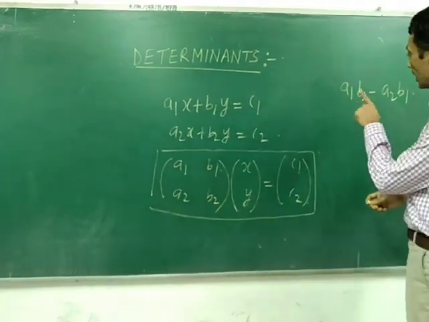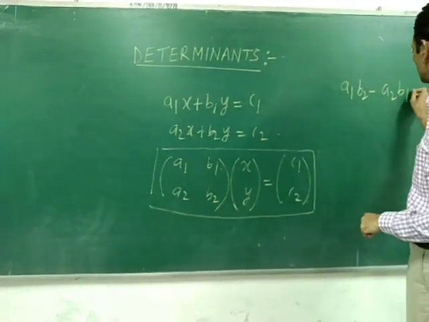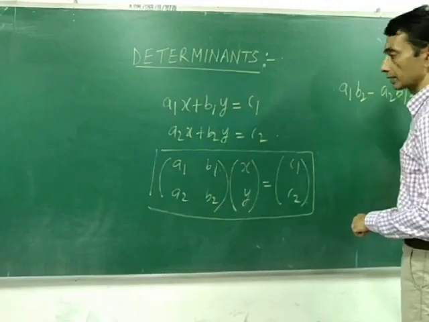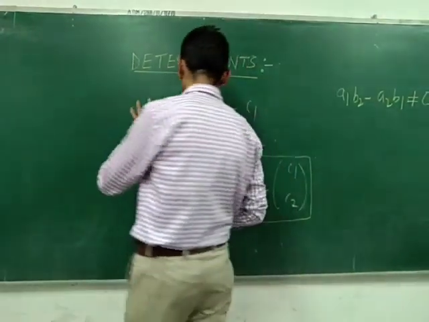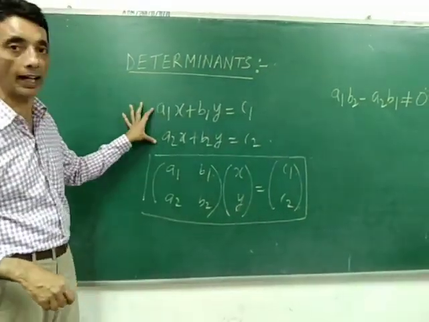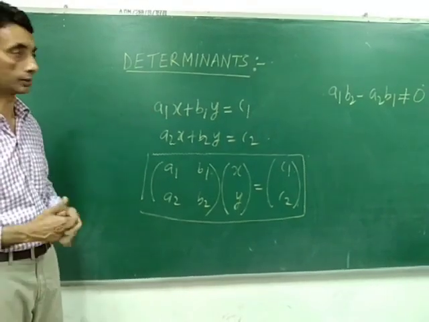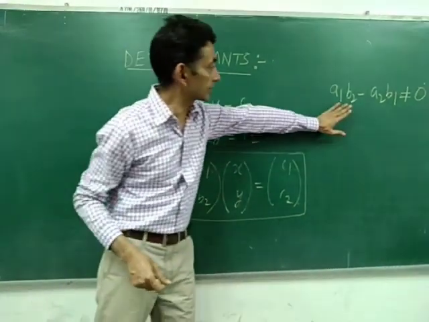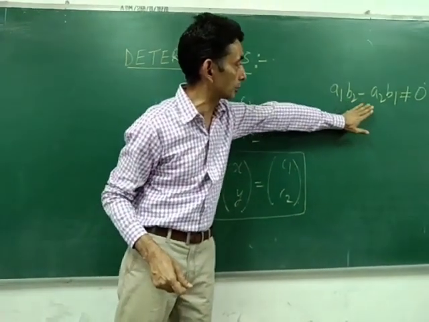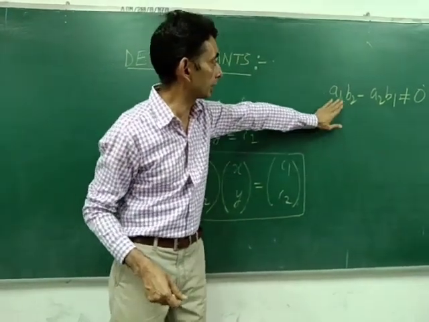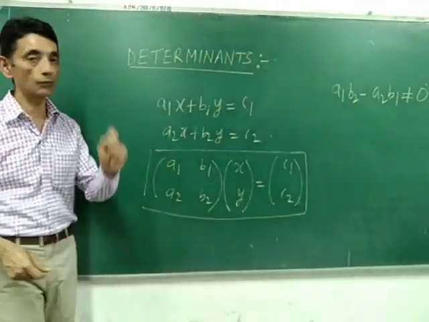That means if a1 b2 minus a2 b1 is not equal to 0, then the system of linear equations will have a unique solution.